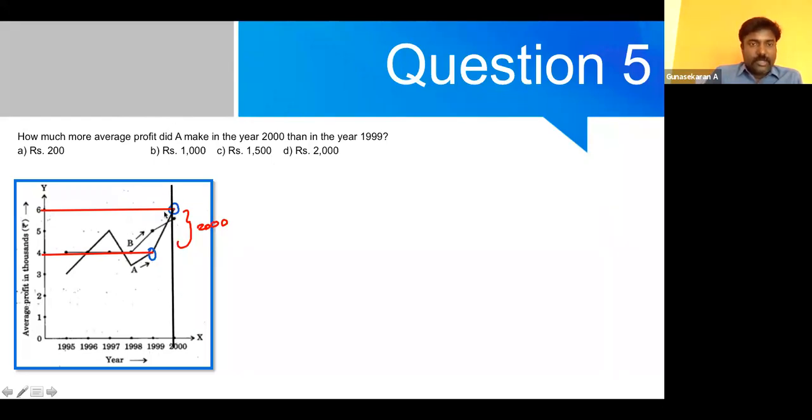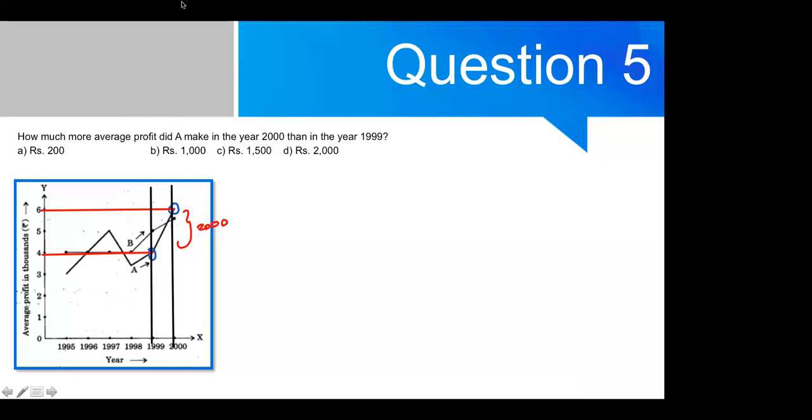Because we have to see the value like this, the gap is around 2000. Understand? Of course, many confusions will come. It's completely interpretation only. We can't define the answers. You have to guess.